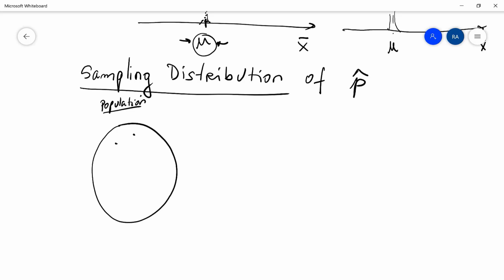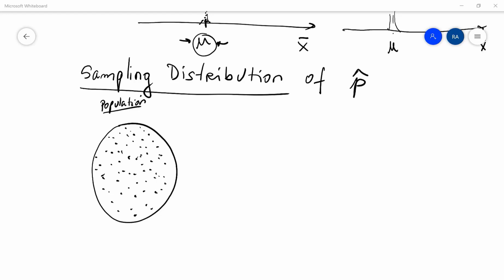Suppose that this is a population that consists of items, and remember in statistics 1 we study only one characteristic in those items, and the random variable that we use to represent this characteristic could be a quantitative variable or a qualitative variable.